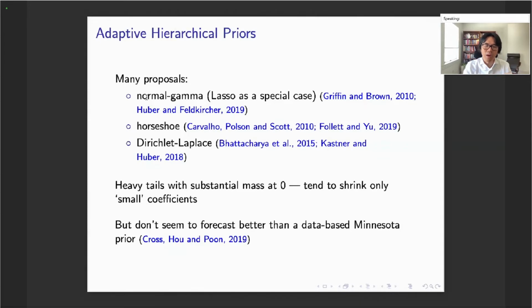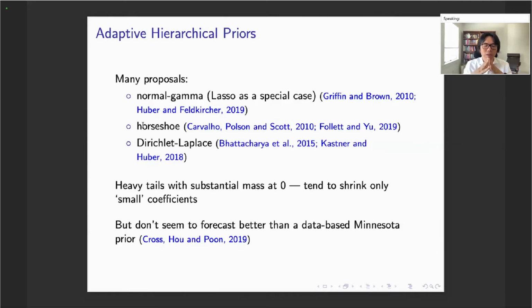The first layer is Gaussian, but the mixing variable is gamma. If you have a half Cauchy distribution, you get a horseshoe. All of these priors have much thicker tails than the normal, and they also have a lot of mass around 0. Horseshoe, for example, the density approaches infinity when you go to 0.